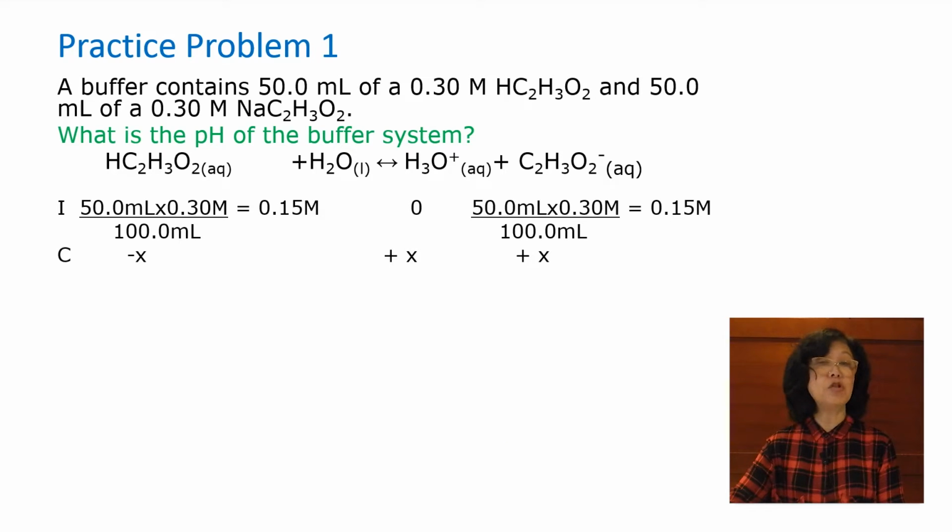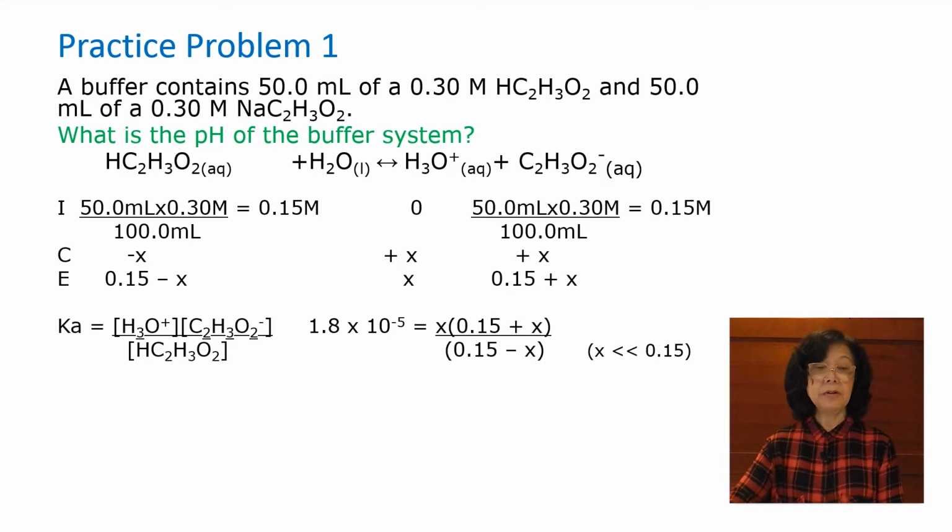So each one is 0.15 molar. Now let the change be x. So we take away x from the left-hand side and add x to the right-hand side of the arrow. So the new equilibrium concentration for acetic acid is 0.15 minus x, for the hydronium ion x, and 0.15 plus x for the acetate ion. Now using the Ka value, set up the ratio, which is 1.8 times 10 to the minus 5 equal to x times 0.15 plus x over 0.15 minus x, and assuming x is small and negligible.